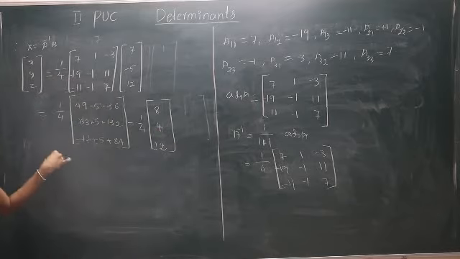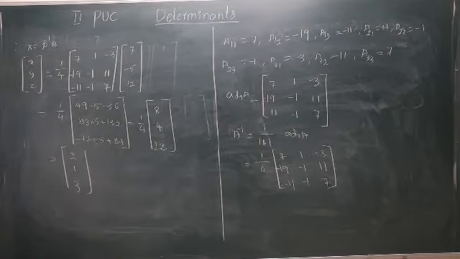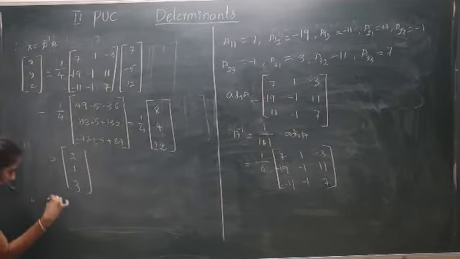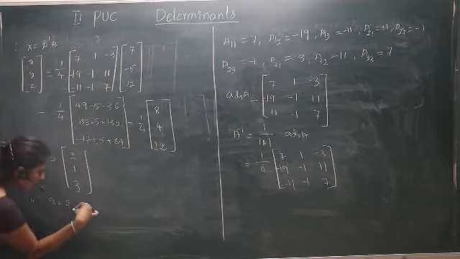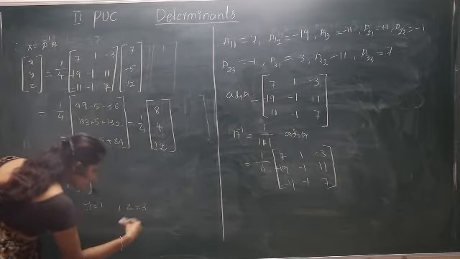So that will be equal to, when we divide by 4, we get 2, 1 and 3. Therefore x is equal to 2, y is equal to 1, z is equal to 3.